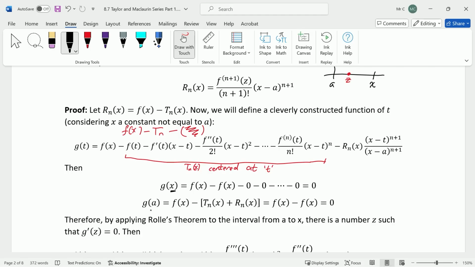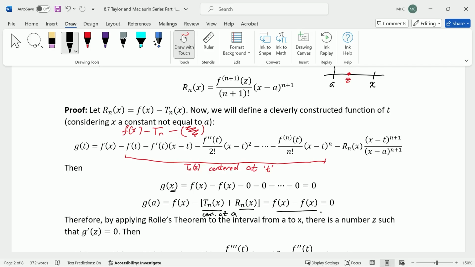And if I plug in a, we get f of x minus all of this stuff evaluated at a, which is just the regular Taylor series centered at a, and the regular remainder formula. And then, of course, the sum of these two things is f, so we get f of x minus f of x, which is 0.